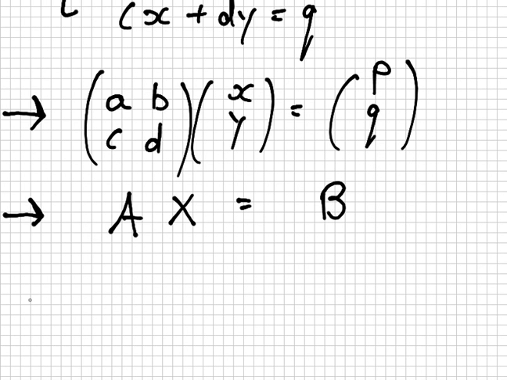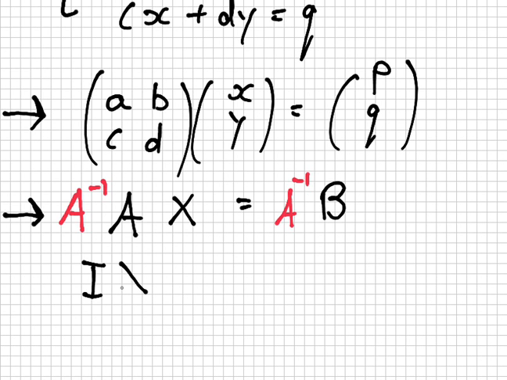Now, AX equals B, what do I want to find? I want to find X. So I don't want this A here. So what I do, I multiply both sides by A inverse. Now what happens when I multiply A inverse and A? What do I get? Identity.